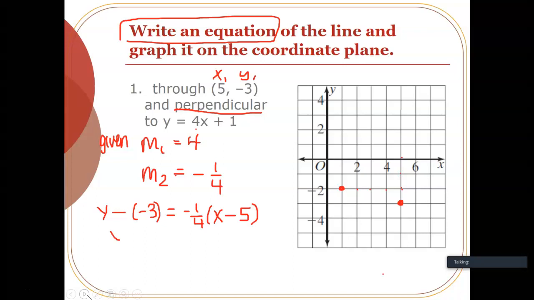So we get y plus 3 equals -1/4 x. A negative times a negative is a positive 5/4.